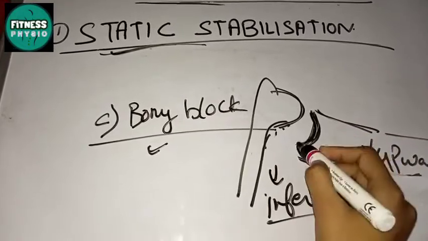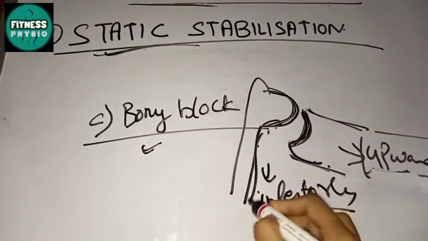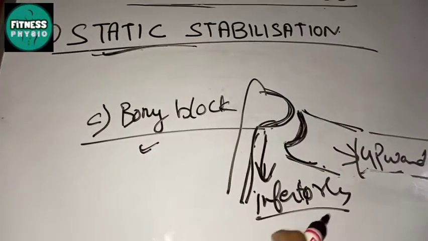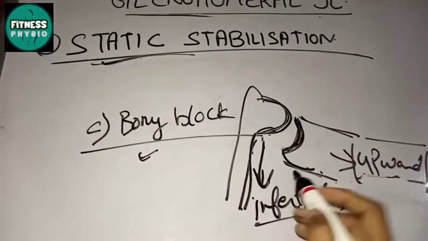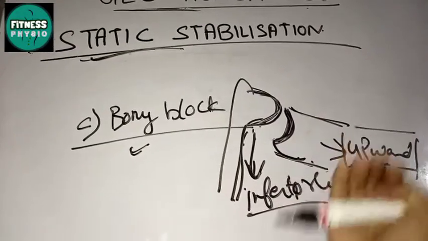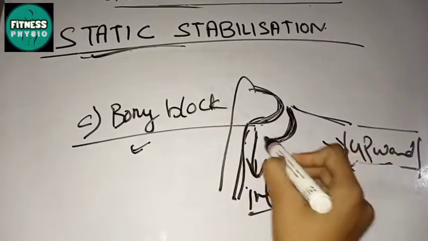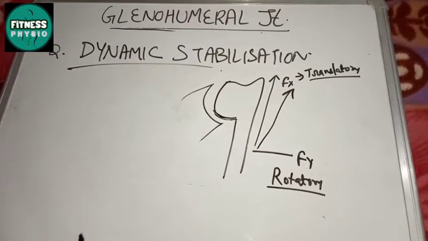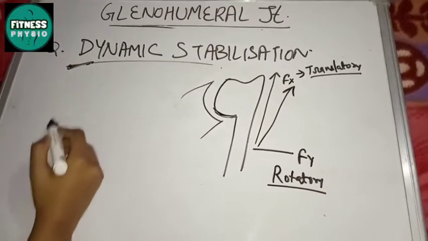In downward tilt, the head of the humerus can easily go in a downward direction. It will not prevent the humerus from going downward in downward tilt, but in upward tilt it already creates a bony block.